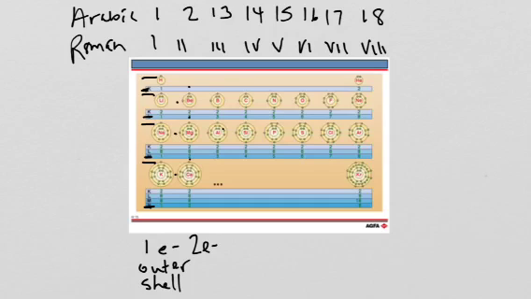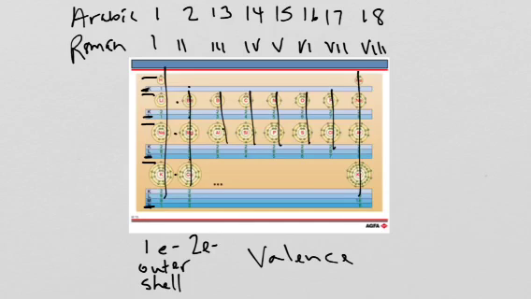So when an element is in a group, all elements in the same group have the same number of electrons on their outermost shell. The electrons in your outermost shell are known as your valence electrons. We will talk about valence electrons later.